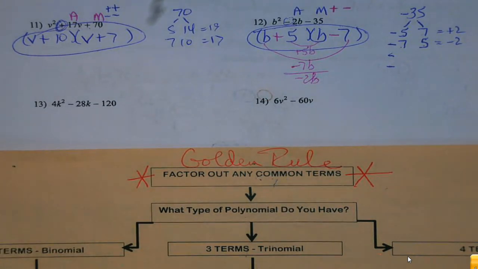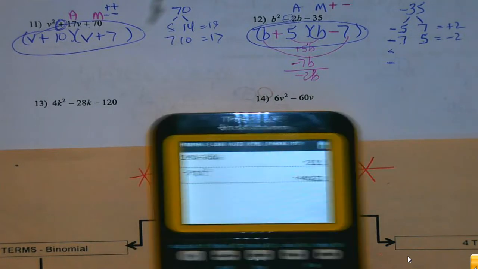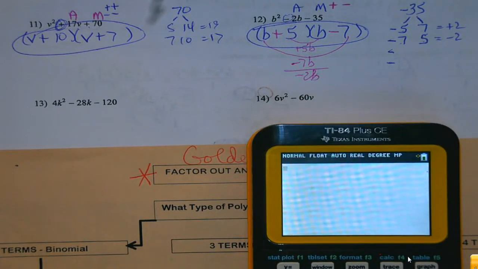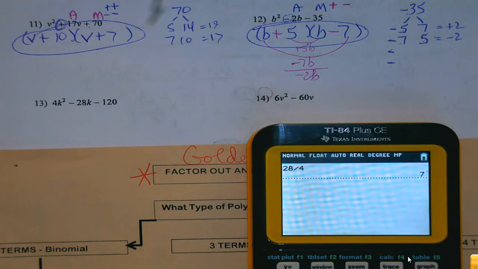What I would always do on these, if I wasn't sure, I always would take that very first number that's in there, and I'd try to divide it into all of them, or see if it was on my chart, maybe, but that's getting kind of big here, the 120. So I take a quick peek and I go, okay, well, I know 4 goes into 4. Does 4 go into 28? Yeah. Does 4 go into 120? Okay, it does.